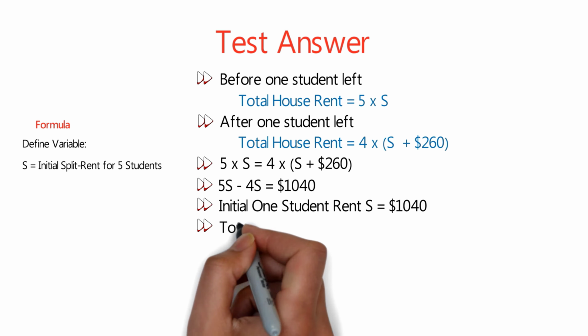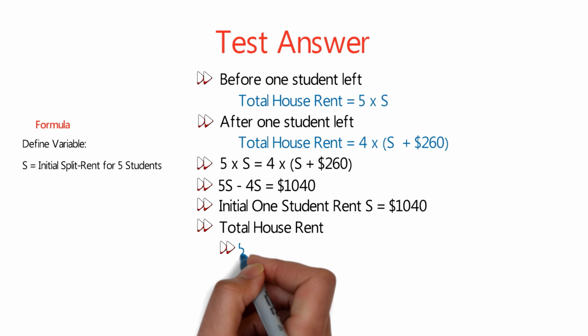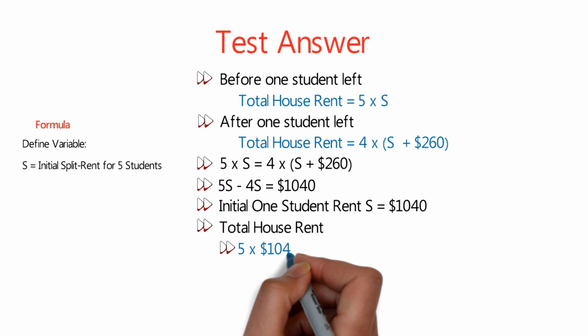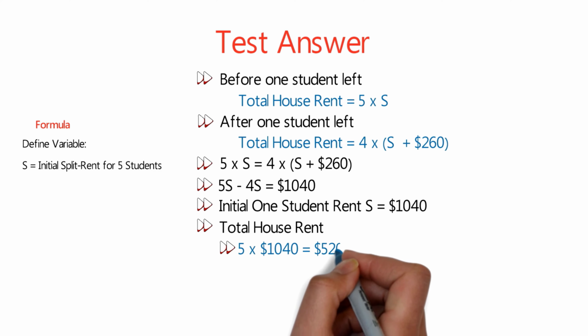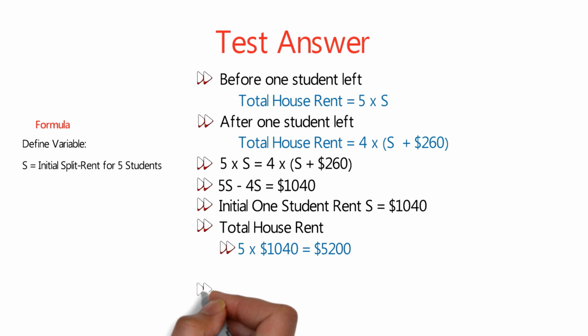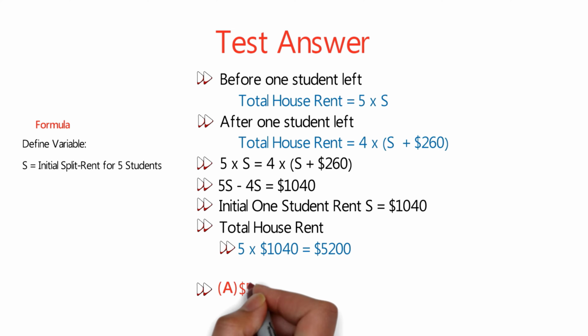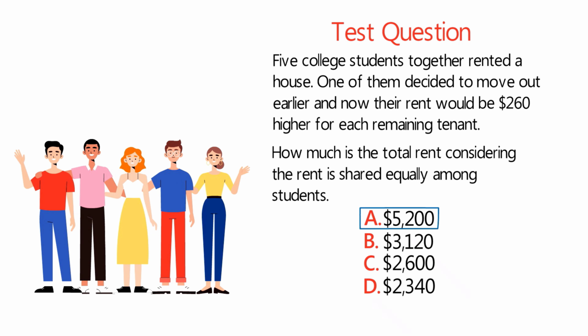To calculate total house rent, we need to multiply 5 by $1,040 and the result will be $5,200. So the answer is choice A, $5,200.